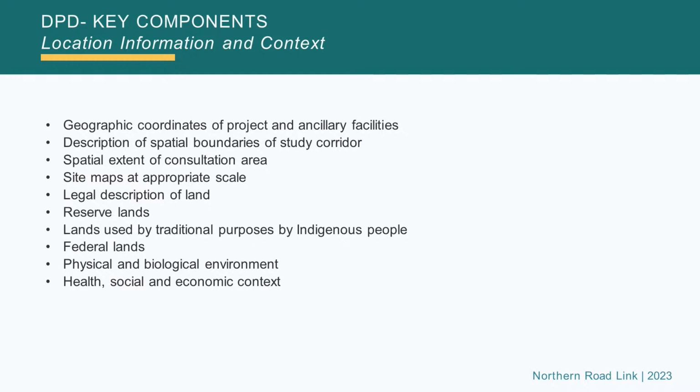So, for example, Indigenous communities, where are these located? The ones that are to be consulted with as part of the work. Where are they located relative to the project?